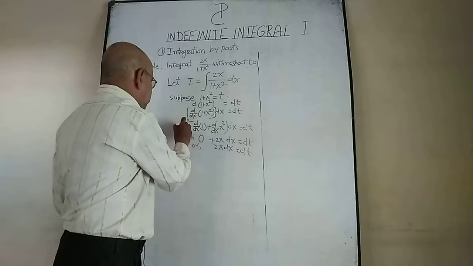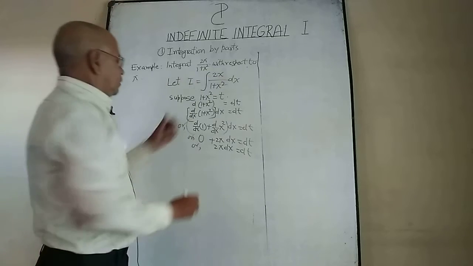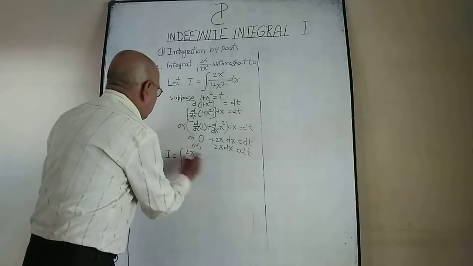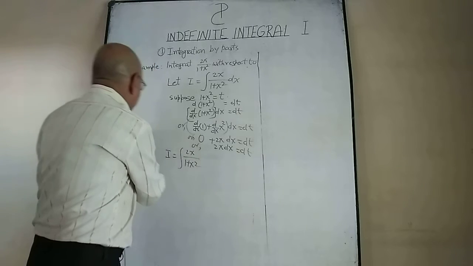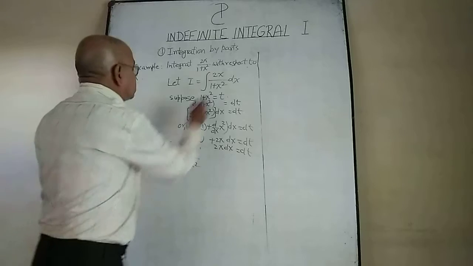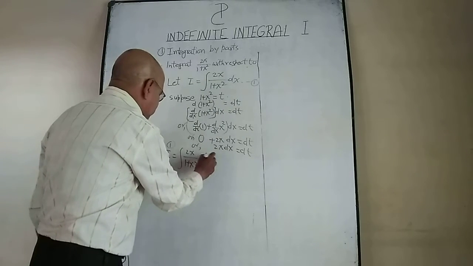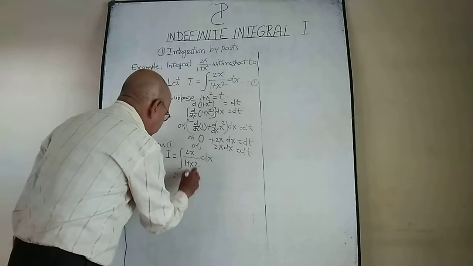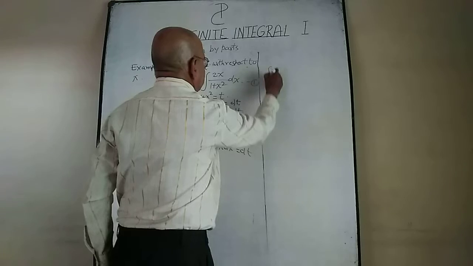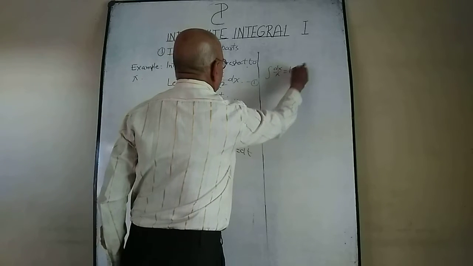And this is the numerator value, and I is equal to the integral of 2x upon 1 plus x square from equation 1. So this is equation 1, and the integral of 2x upon 1 plus x square dx is equal to the integral of dt upon t. And I know that the integration of dx upon x is equal to log of mod x.